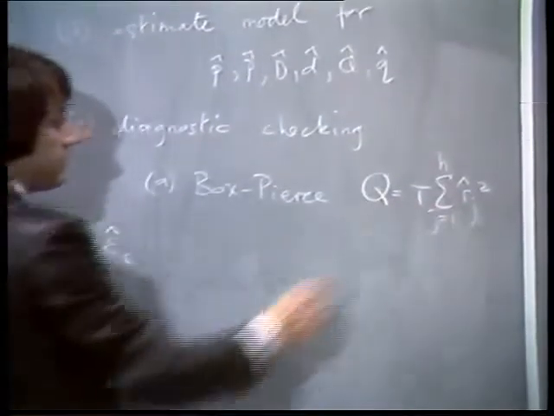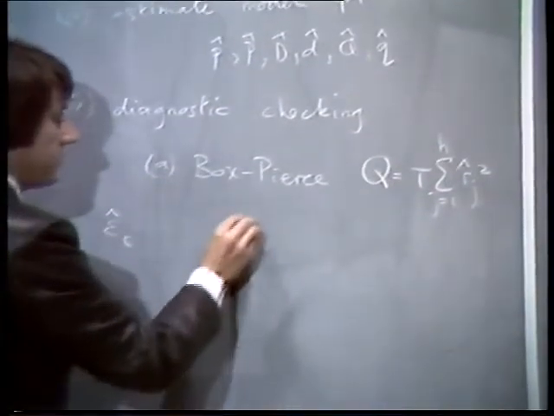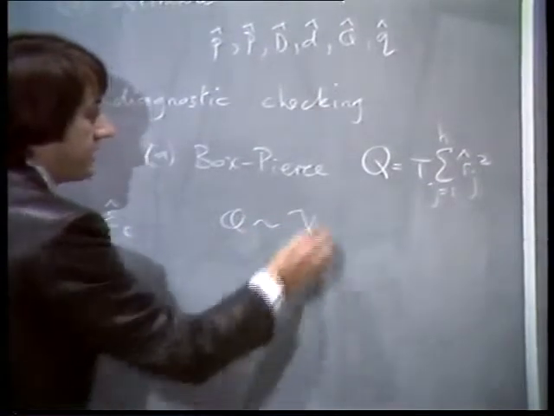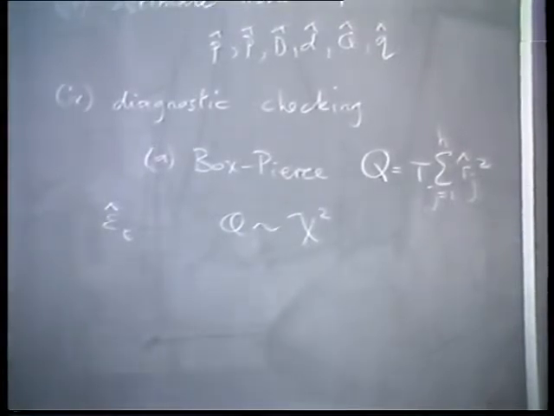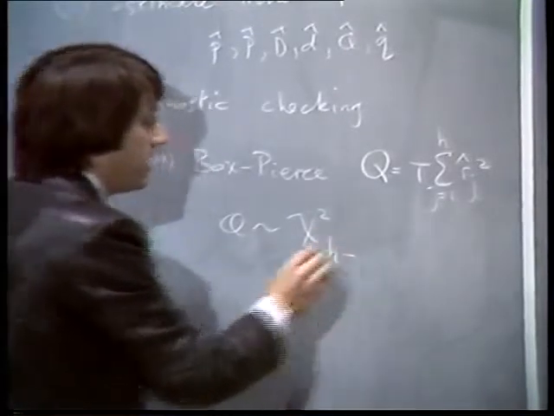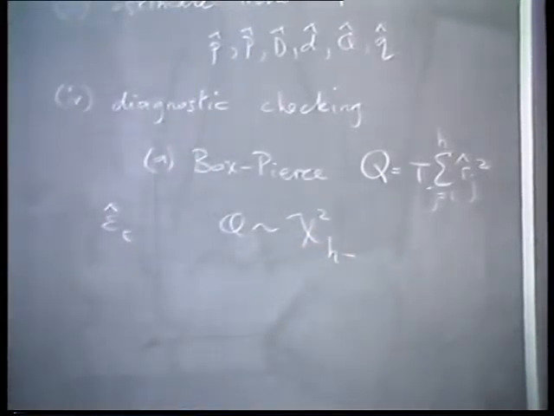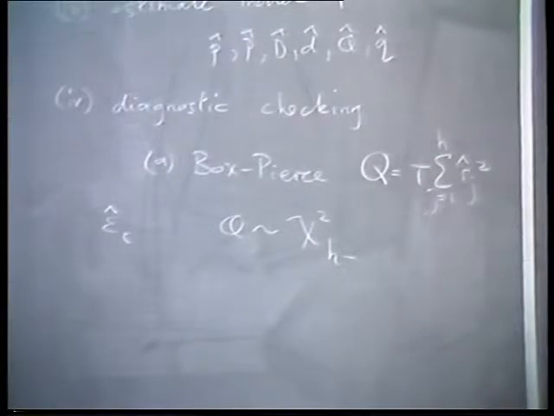And use the result that asymptotically the Q would be distributed as a chi-squared on the null hypothesis that the errors epsilon t are white noise, with degrees of freedom given by H minus, in effect, the number of parameters we've had to estimate. And so that means all the p's and all the q's in this model.